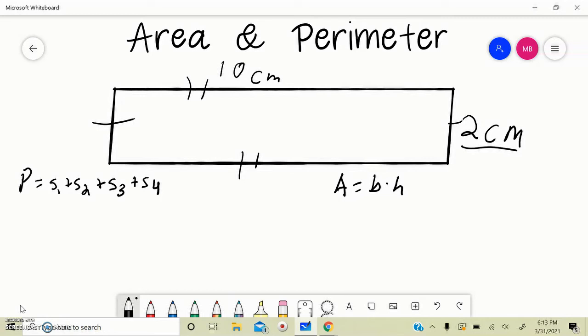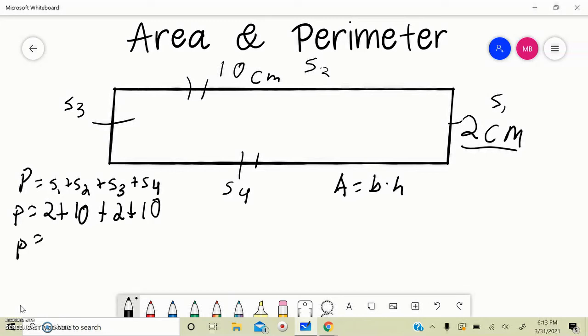So now first I want to do my perimeter. So we're going to call this side 1, side 2, side 3, and side 4. So I have 2 plus 10 plus 2 plus 10.